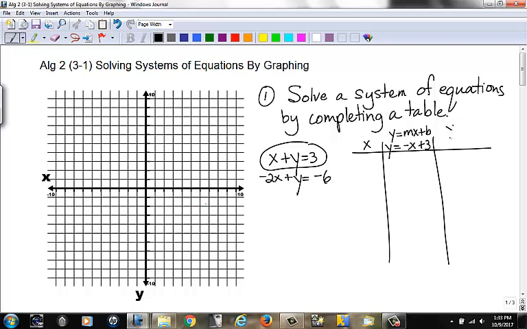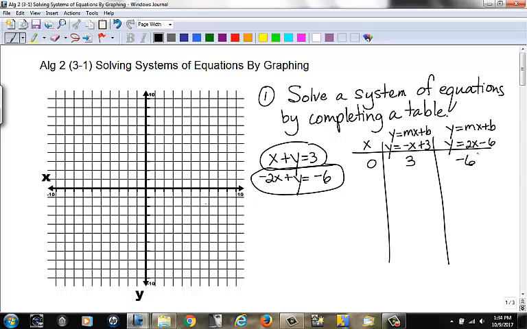And on this one, getting y by itself, I'd have y equals 2x minus 6. So get them in the right form, and then sub in. So say x is 0. If you put 0 into this one, you'd have negative 0 plus 3, y would be 3. If you put 0 here, 2 times 0 is 0, 0 minus 6 is negative 6.